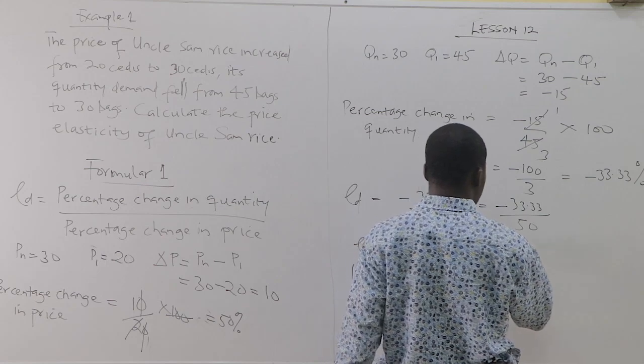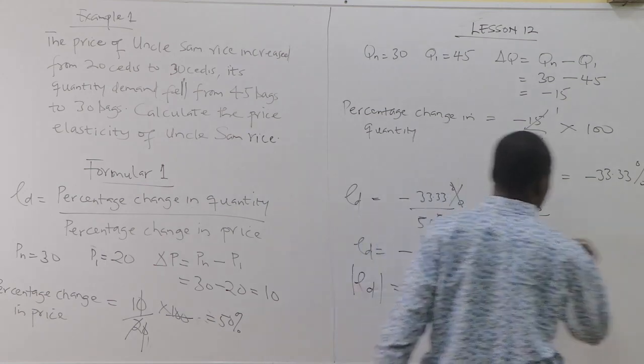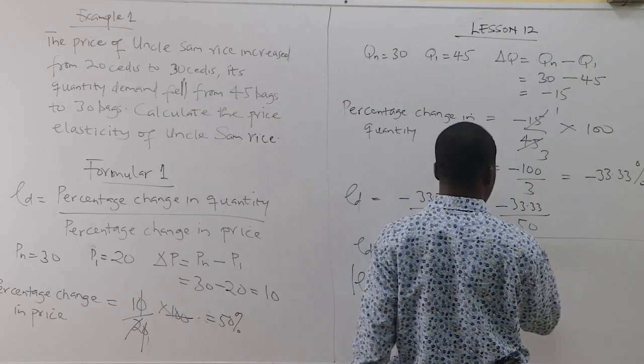It's less than 1. And when it's less than 1, it means the demand... What does it mean? Let's see the interpretation.